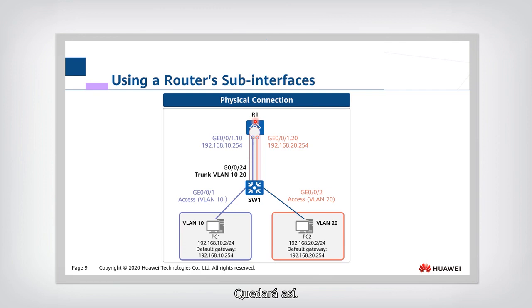So the idea will be like this. In this interface, both VLAN 10 and VLAN 20's packets can go through, so this interface should be of type trunk. Then when the packet arrives at the router, although it has one physical interface, we need to separate it into two sub-interfaces.